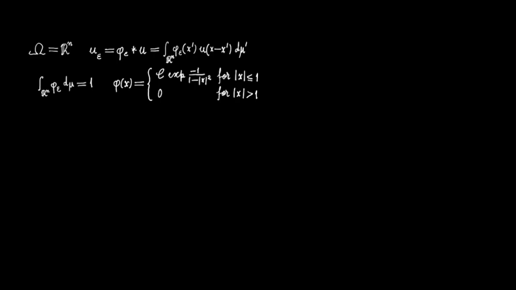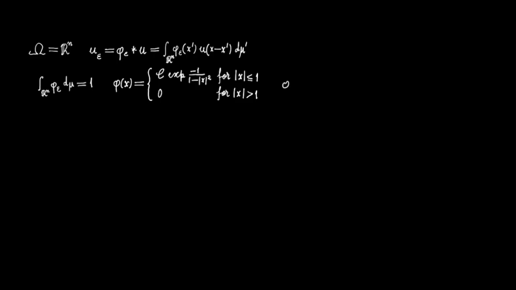Otherwise, the norm of x is less than 1, so is its square. So we have a positive number in the denominator and a negative one in the numerator. So it's always the exponential of a negative number.